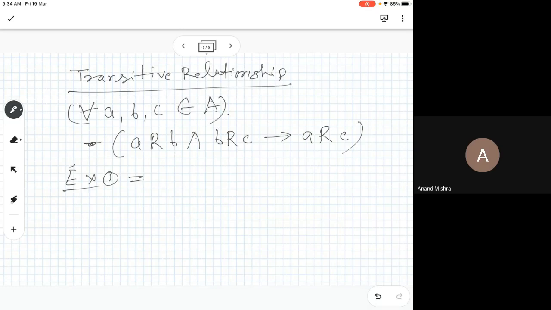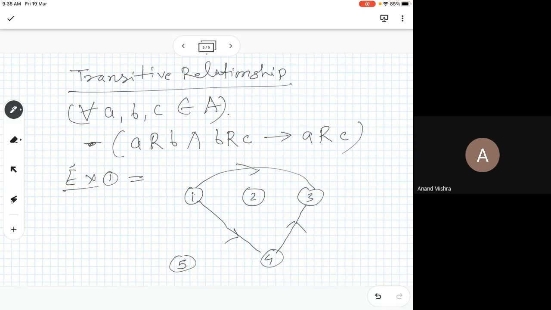Okay, but we'll leave that. We'll move to now how you represent a transitive relationship in the graphical notation. So if you have, let's say, nodes 1, 2, 3, 4, and 5, if 1 is related to 4, 4 is related to 3, that means 1 is also related to 3.